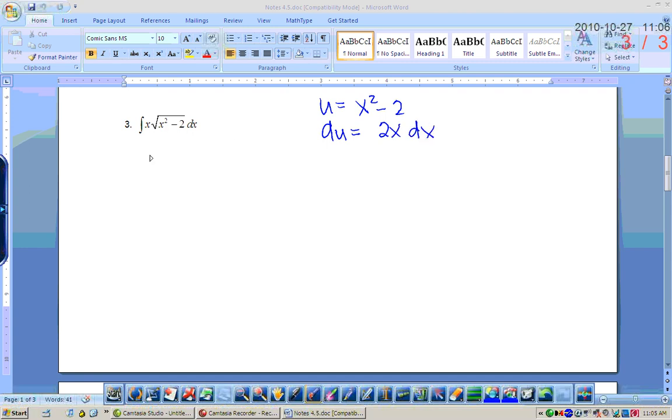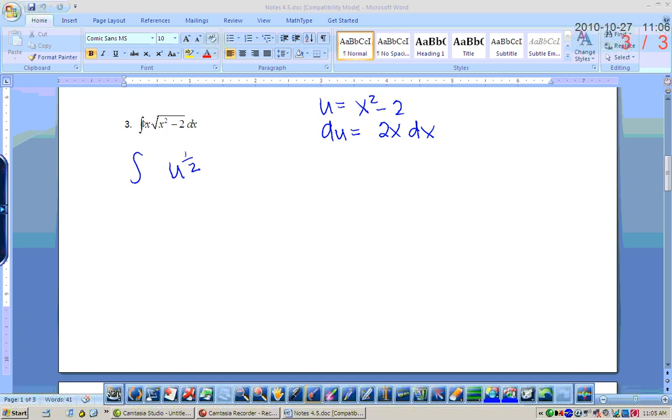All right, so if I start substituting in for my u's, the square root of x squared minus 2 would be u to the 1/2, or the square root of u. But all I have here is an x dx, whereas du is 2x dx.